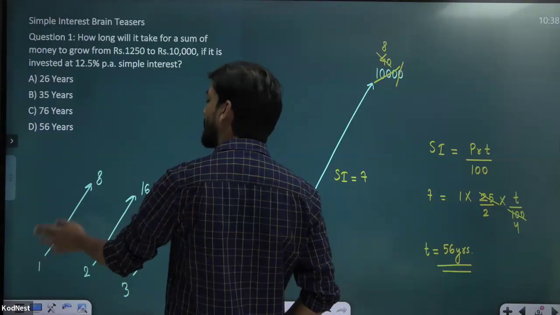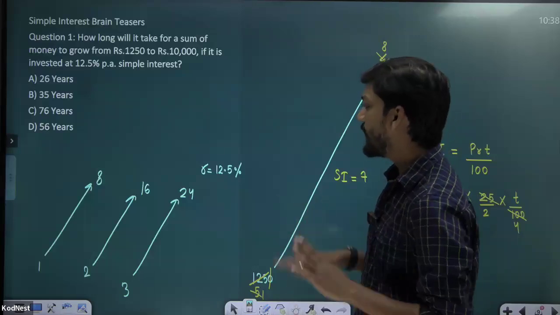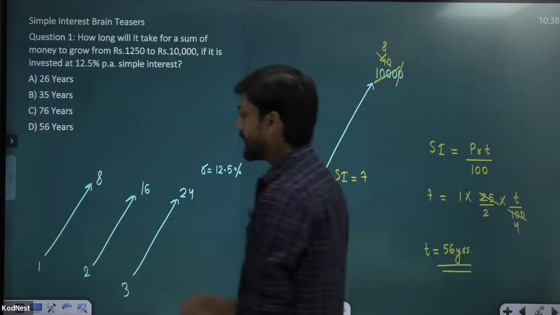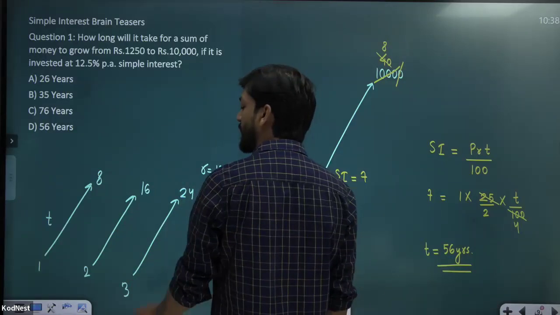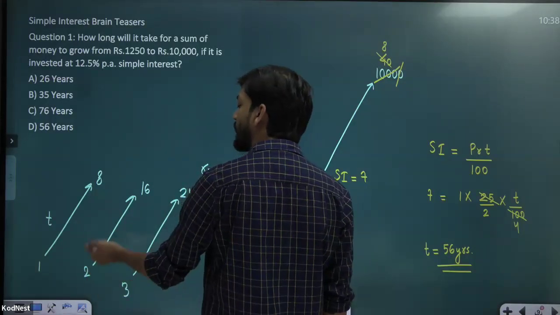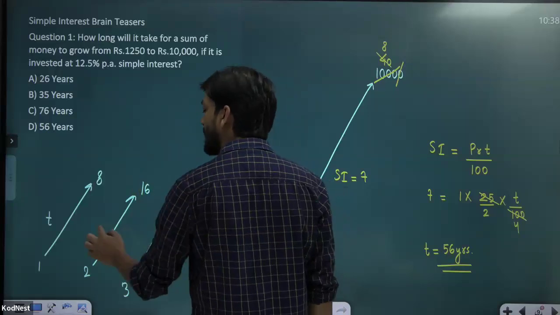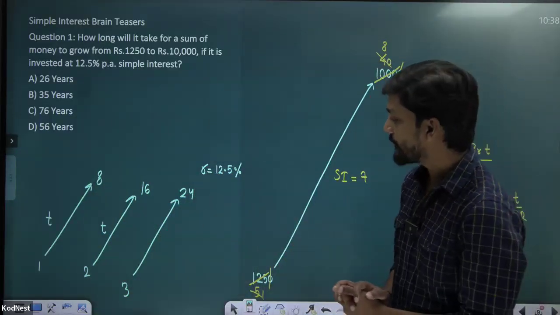His 1 lakh will become 8 lakhs in a certain time. Rate of interest is this. In the same bank, one more person is depositing 2 lakh rupees. His amount will become 16 lakhs in the same time. Same interest he is getting.